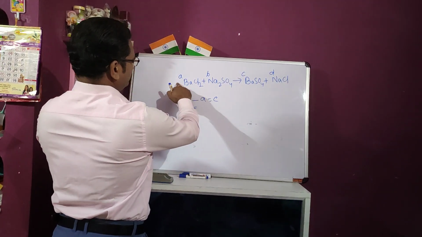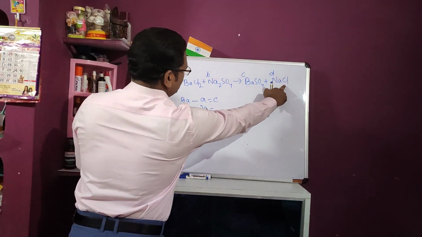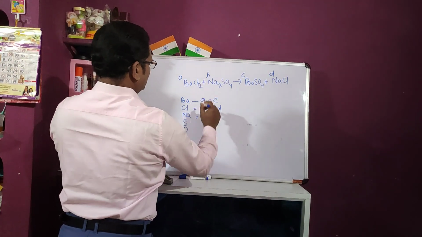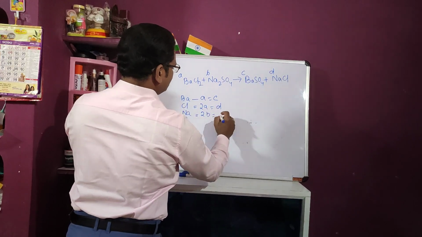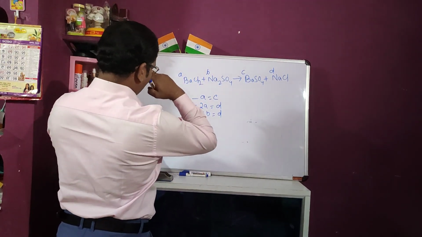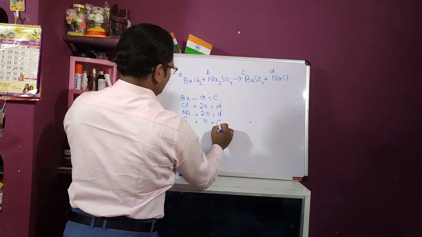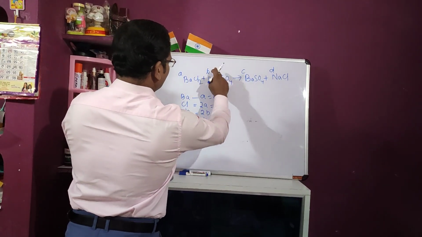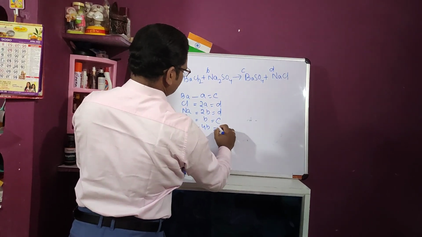Chlorine, 2 into A, 2A, equals chlorine D, 2A equals D. Sodium, 2 into B, 2B equals sodium D. Sulfur, 1 into B, B equals sulfur C. Oxygen, 4 into B, 4B equals oxygen 4C.